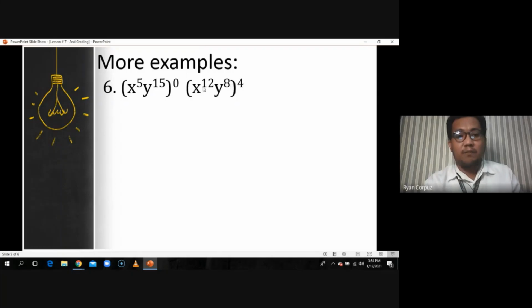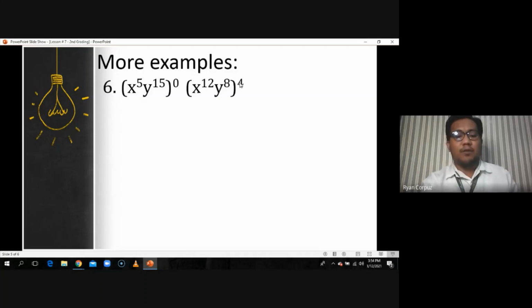We are going to make use of the power rule and the power of a product rule. The first part is equal to 1, so 1 times this expression is just the expression itself, and that is the only part we need to simplify.